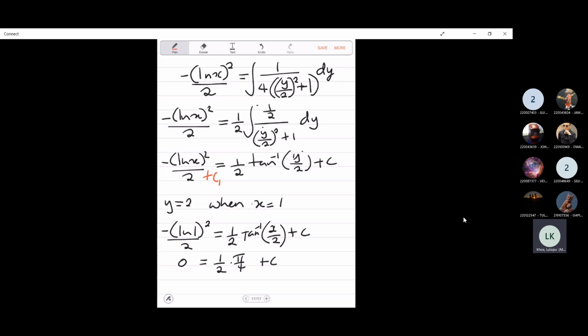So if I call this one C1 and this one C2, when I take this one to that side, then I have C2 minus C1. If I have a constant minus another constant, my answer is just a constant. So this constant here in black represents the constant from here included in the constant from this side. So you don't need to write two constants on either side. Just combine both constants to give one constant.